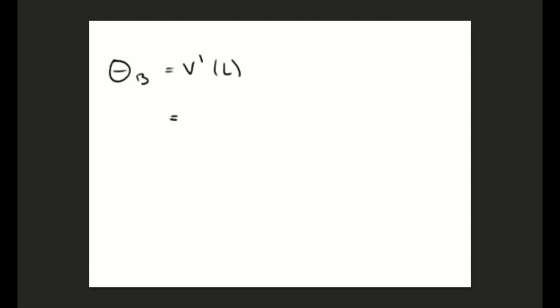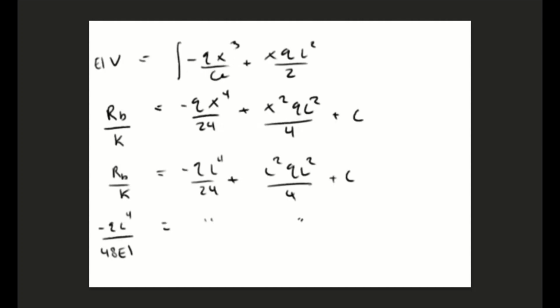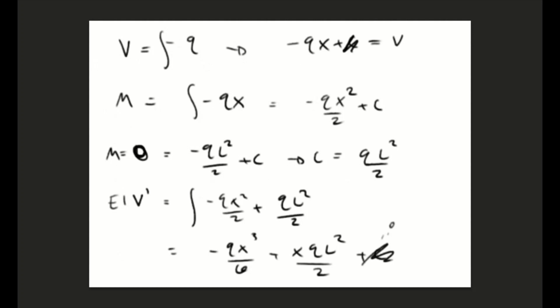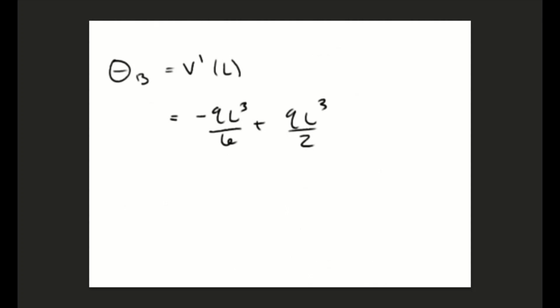So if we bring up that equation that we had in the past and we plug in an L to it, negative QL cubed over 6 plus QL cubed over 2, right? If you're wondering where I grabbed that from, let's just go back a little bit. That was this equation right here from our slope of deflection, right? I just took that and plugged in an L. So now looking forward, we have that.